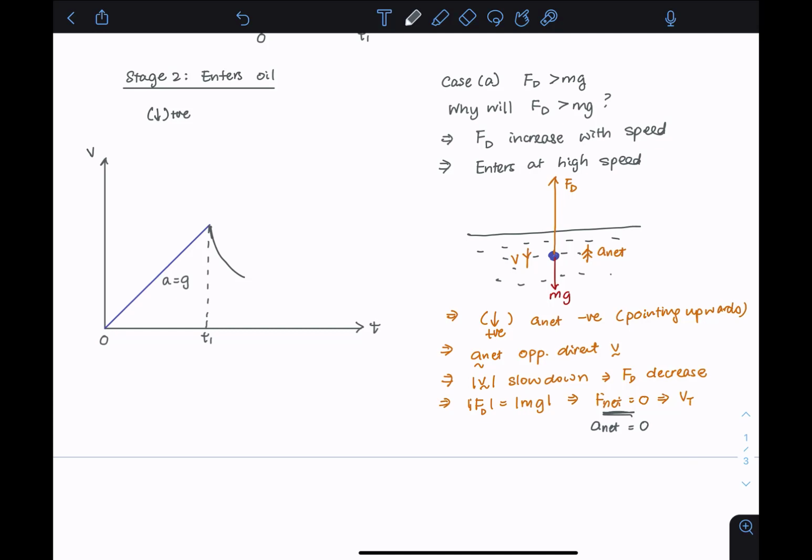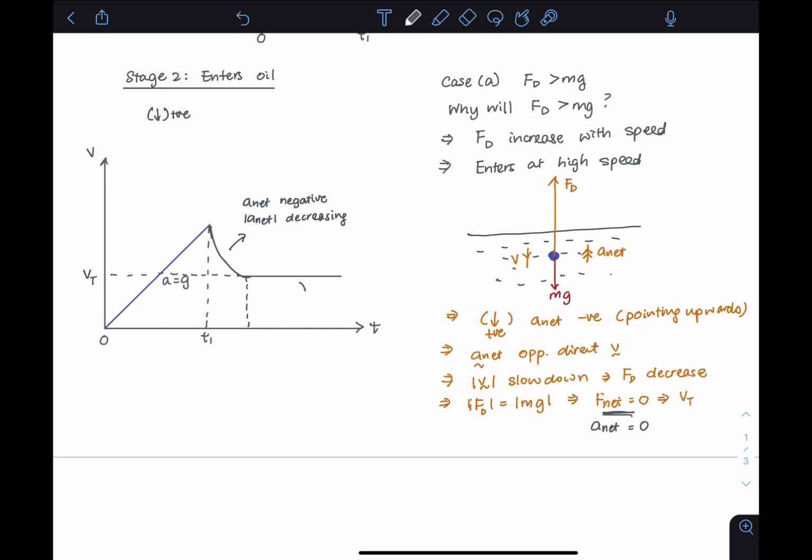So if I continue my graph, then it's going to reach terminal velocity. This should be a smooth straight line. Your graph will look something like this, where this is the terminal velocity. So in this part of the motion, your net force is negative, so your acceleration is negative, your gradient is negative, and the magnitude is decreasing, so it's getting gentler, and eventually it hits terminal velocity.